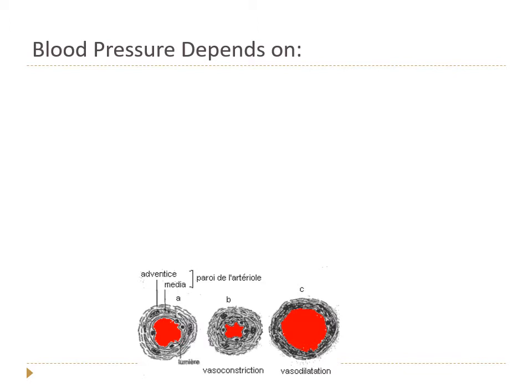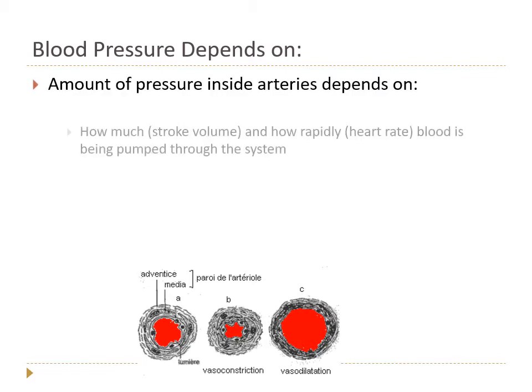So the pressure of a fluid in a container is always going to depend on how much fluid and what's the size of the container. So when we're talking about what's happening, especially during systole and how much fluid we're dealing with, that depends on how much the heart is pumping through with each beat.